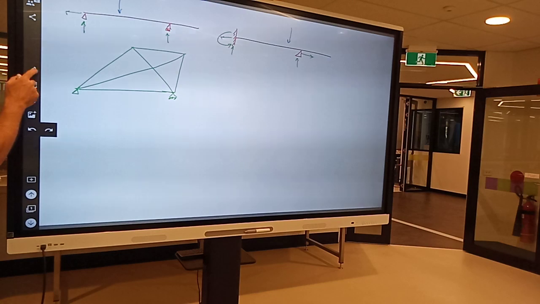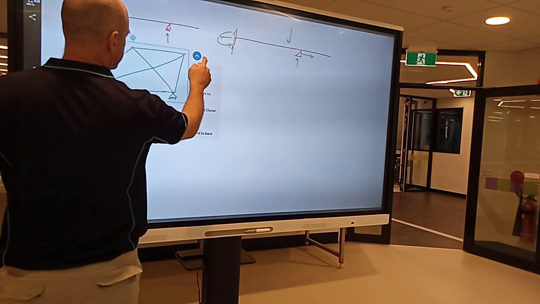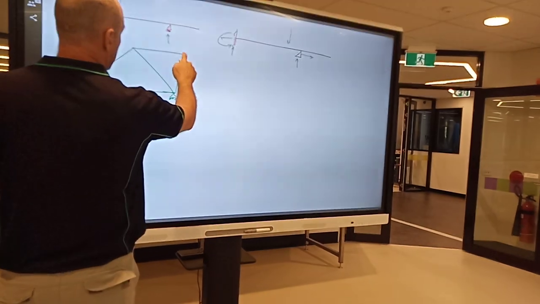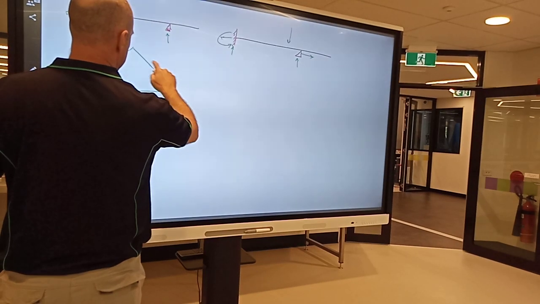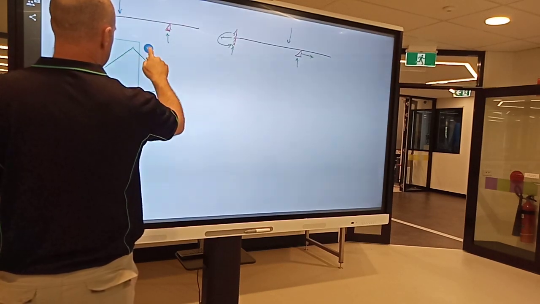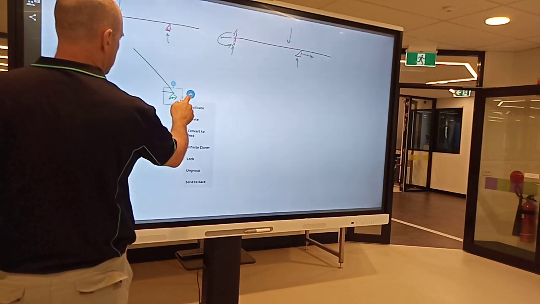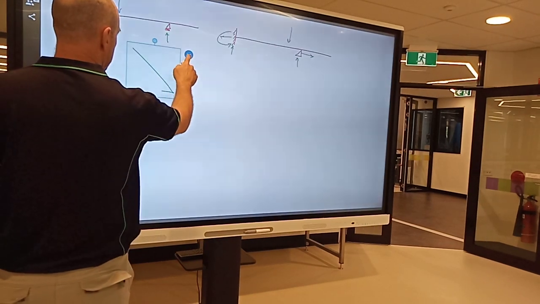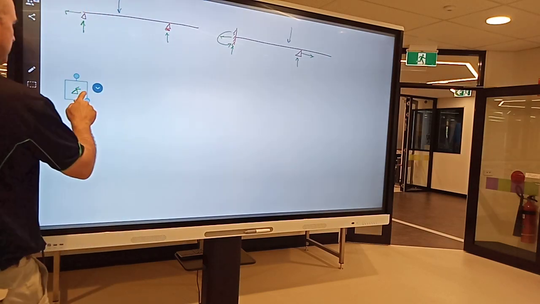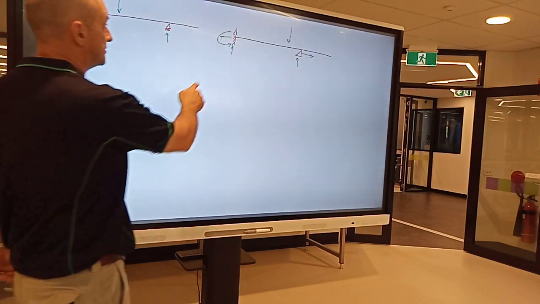So statically determinate beams. And we'll take out this as well.